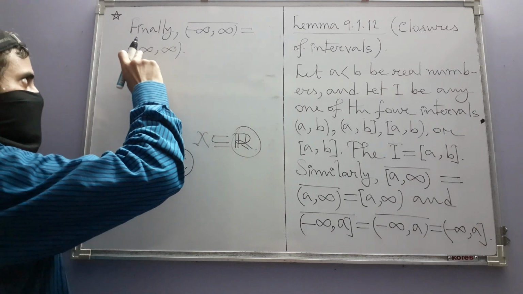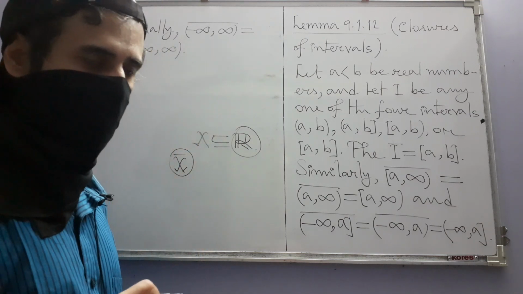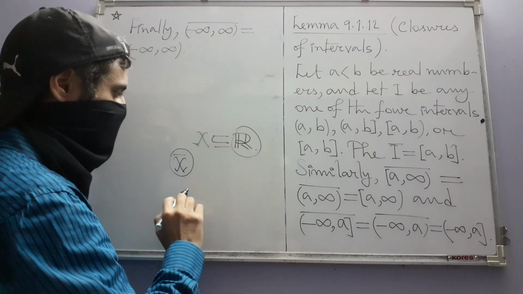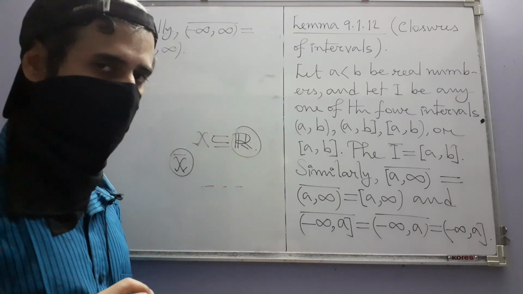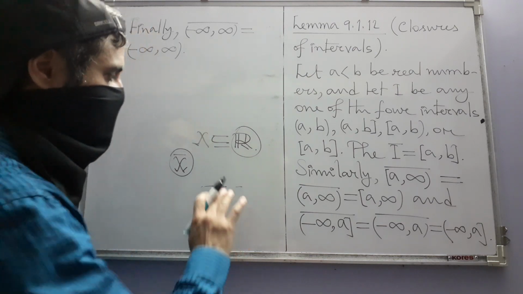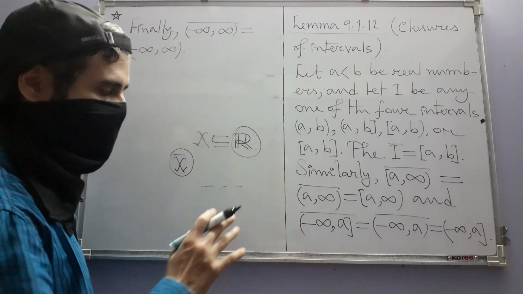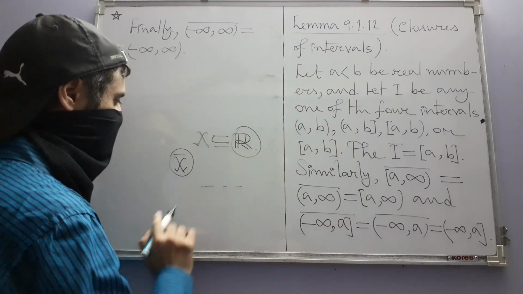Now, minus infinity and infinity are not real numbers, so they are not covered in this definition of adherent points, so they cannot belong to any closure. Okay, not yet. They can be made to belong, but those things will come later.